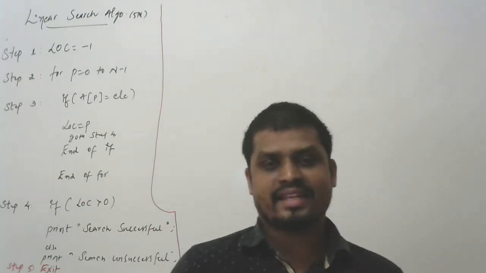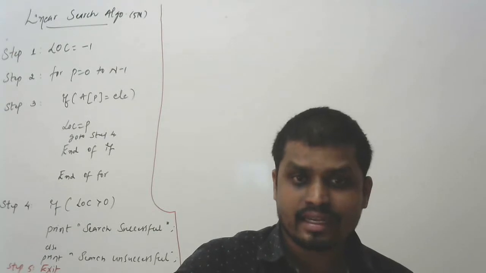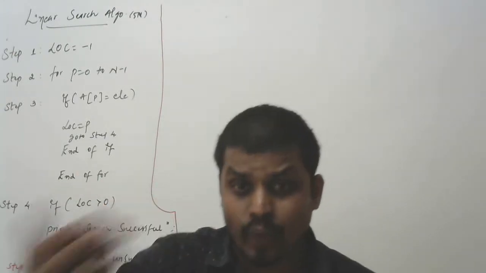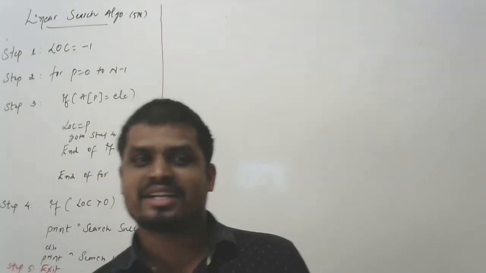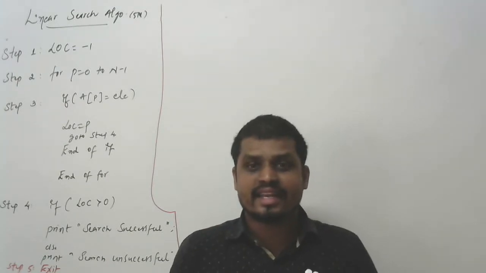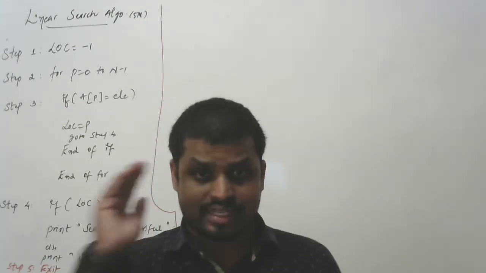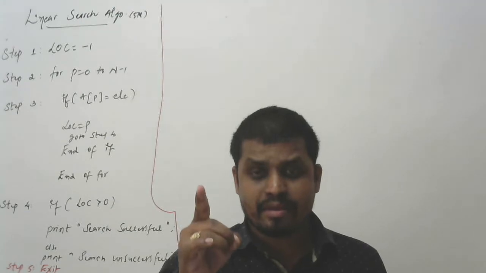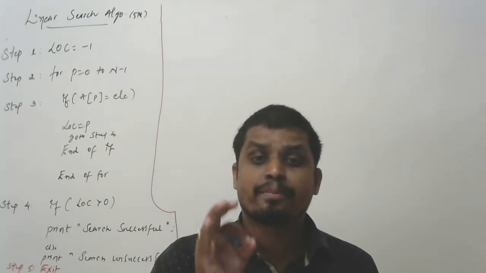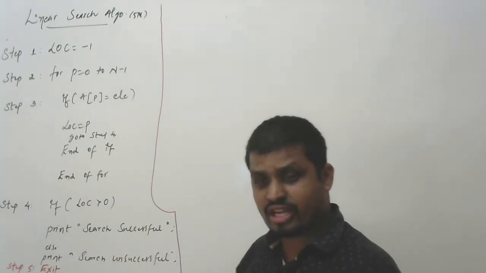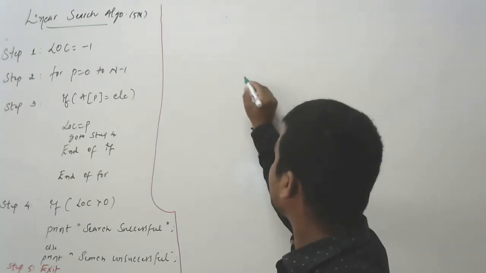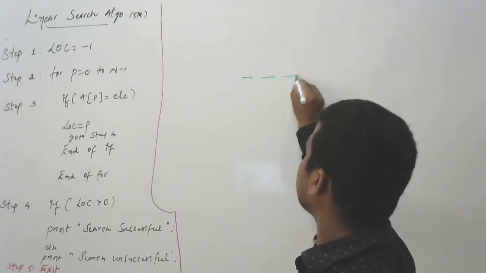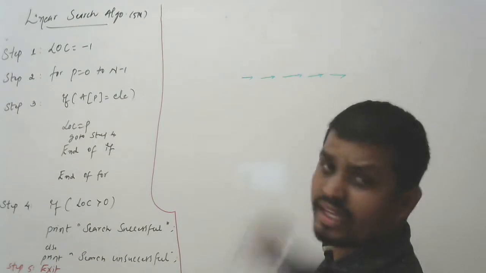And linear means in which manner, in which way you are going to find that required element. Before searching an element, remember one protocol: you are supposed to search in a sequential manner only, one after another.